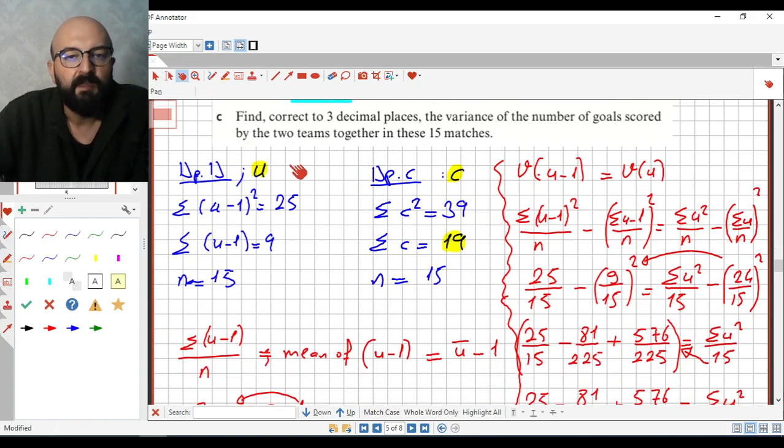Okay, find, correct to 3 decimal places, the variance of the number of goals scored by the two teams together in these 15 matches.